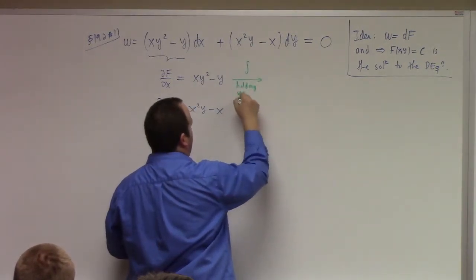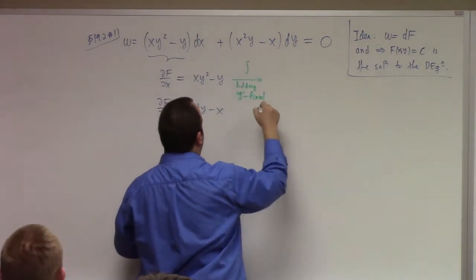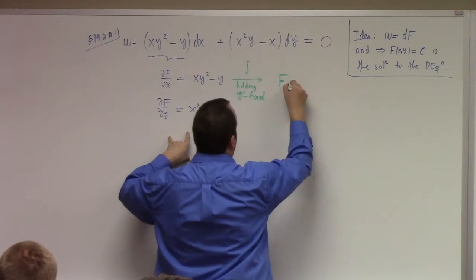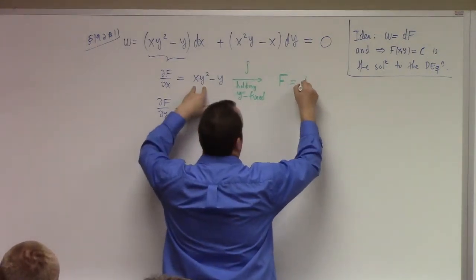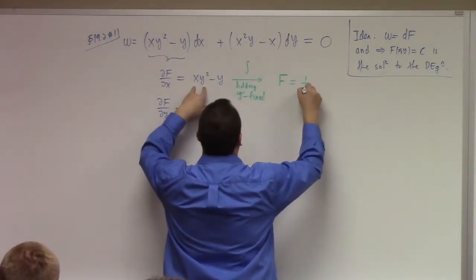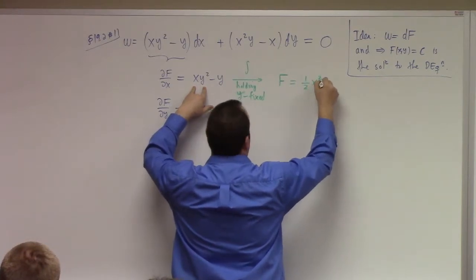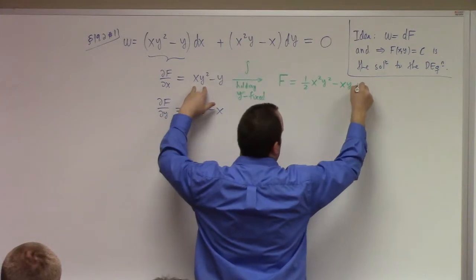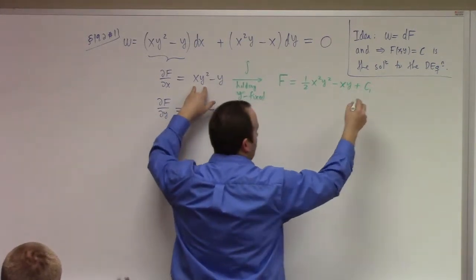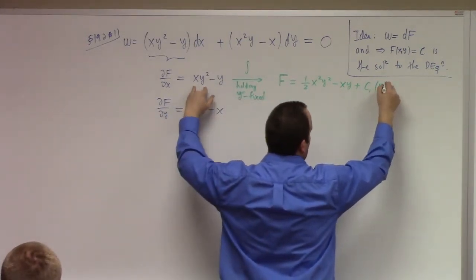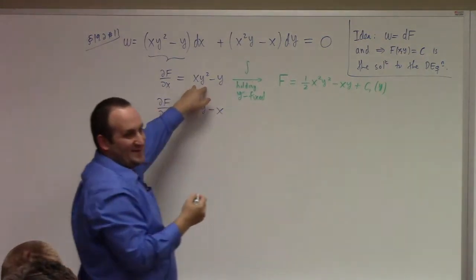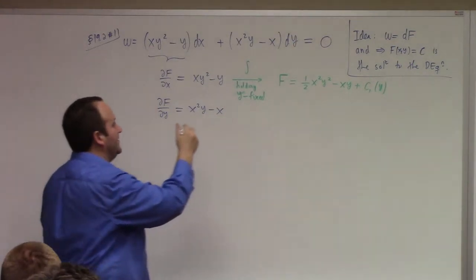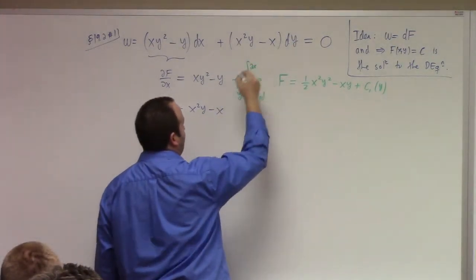If we do that, what do we get? One half x squared y squared, minus xy plus c1, which could be a function of what? Y. Y is fixed. Y is the constant here. So I integrated with respect to x, right? So you could think of this as being an integral over partial x in some sense.